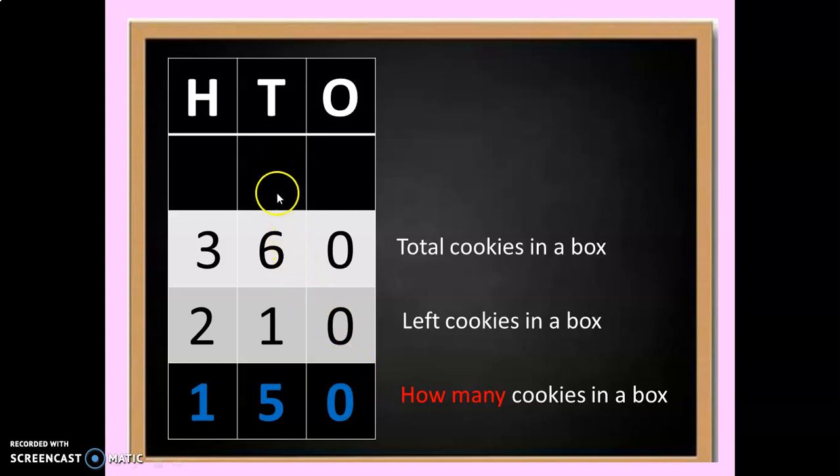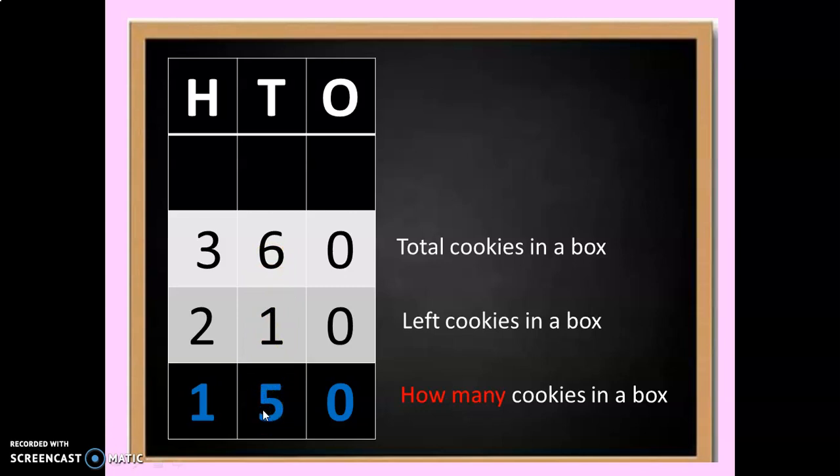Now tens, 6 minus 1. 6 minus 1. 1 is the smaller number. We will count from 2 to 6. So 2, 3, 4, 5, 6. So the answer will be 5. 6 minus 1 equal to 5.